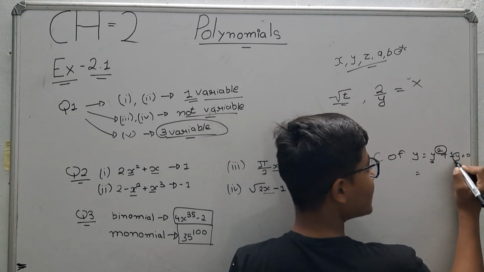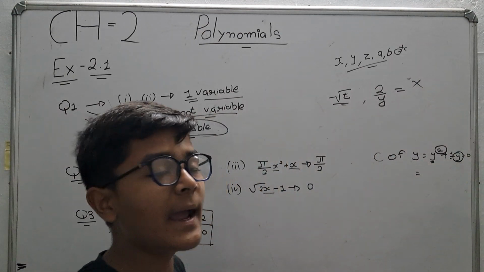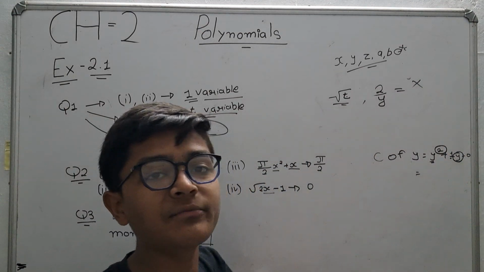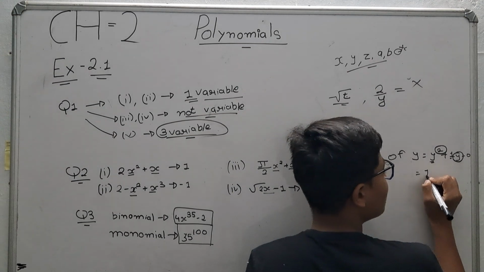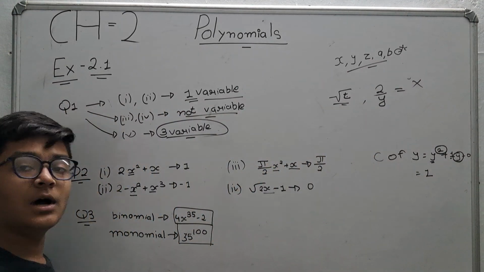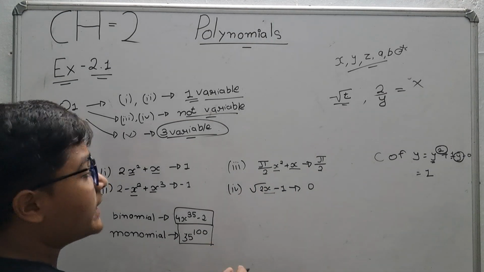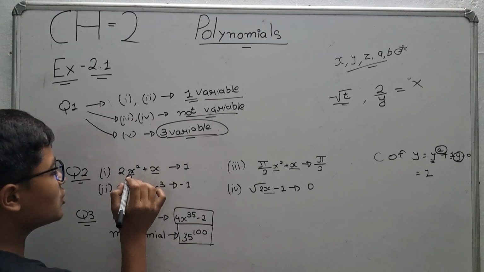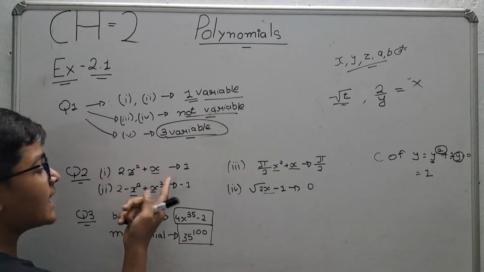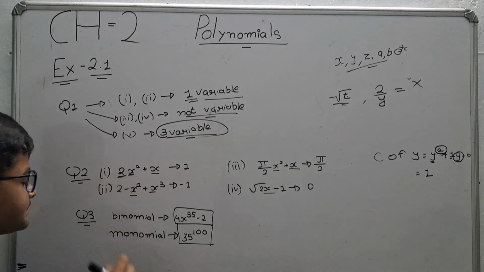But here y is alone, and in front of y there is 1. So 1 is the coefficient of y. Now we have to find the coefficient of x square. Here x square is there, and in front of x square you can see the coefficient.